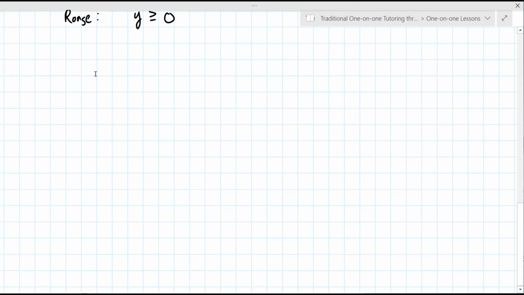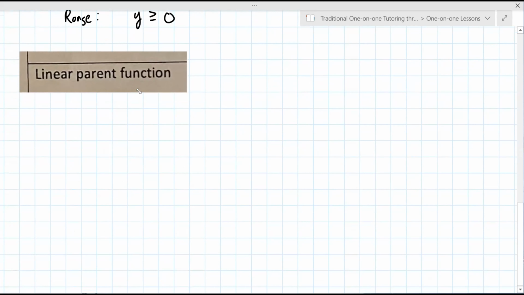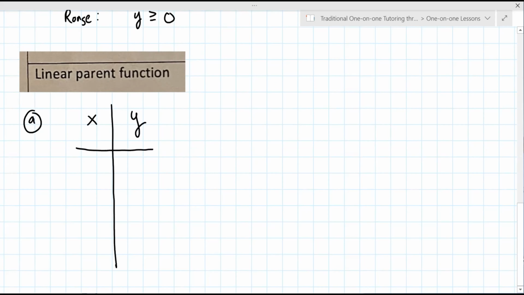All right, so we're looking at the linear parent function now. And for part A, we're going to again make a table. We're going to have X, we're going to have Y. And this time, Y equals X is actually the parent function here. -2, -1, 0, 1, and 2.